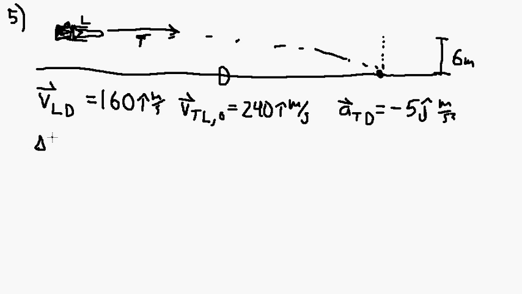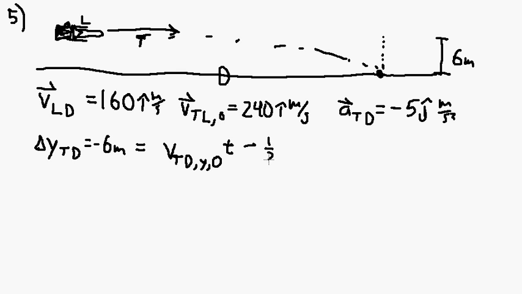Delta y for the torpedoes relative to the Death Star is negative 6 meters, and that's going to equal the y component of the initial velocity of the torpedoes with respect to the Death Star in the y direction, times t, plus 1/2 of the acceleration times time squared.